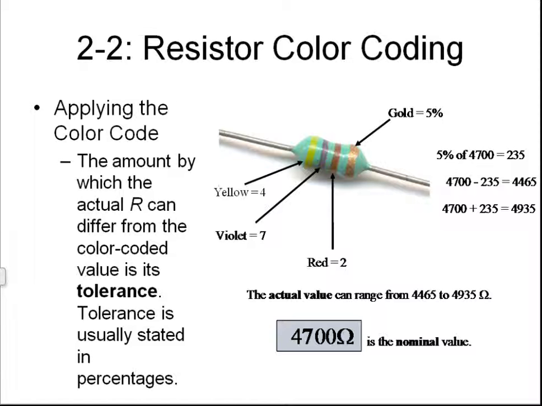All right, we already talked about tolerance. In this case, here we have a yellow, violet, so 472, so 4700. There we go, right there, 4700 ohm, with a gold stripe, 5%. If we take that 5% into account, we can go 235 ohms either way of 4700, so 4465 or 4935.